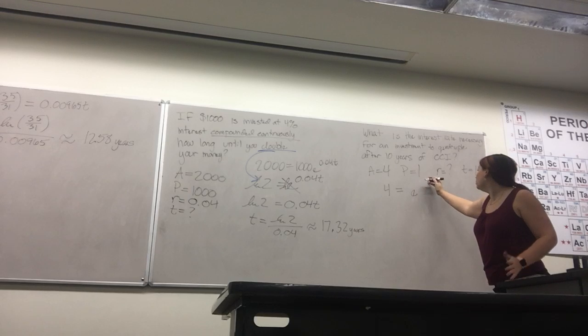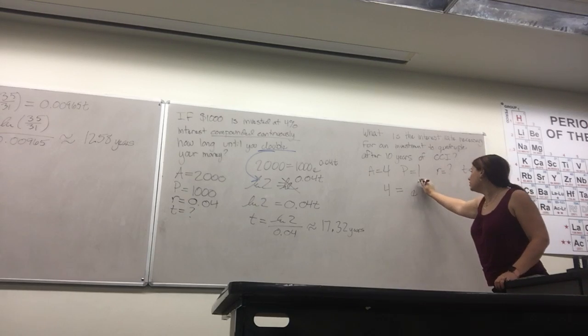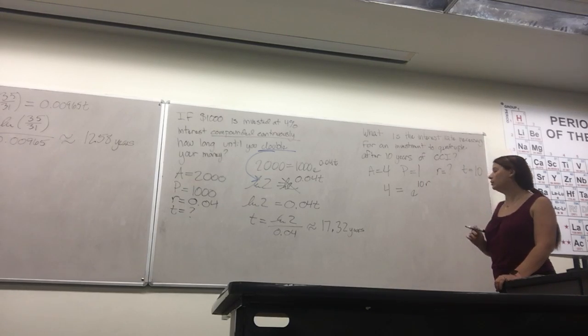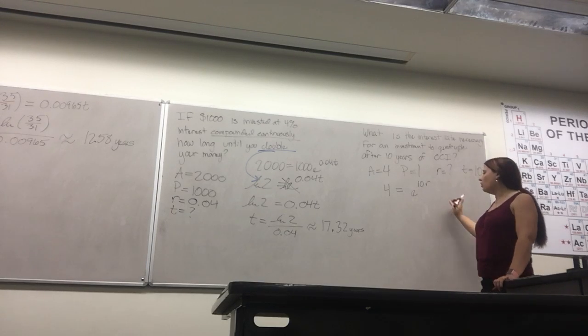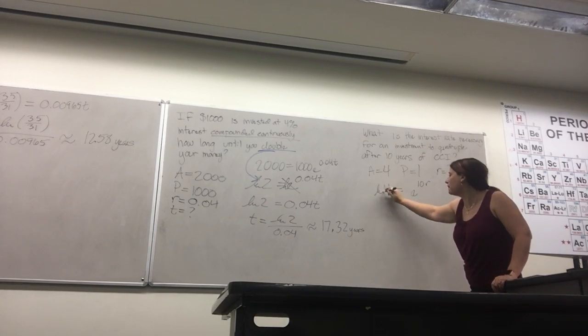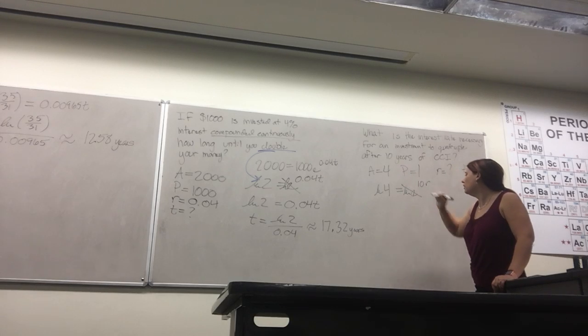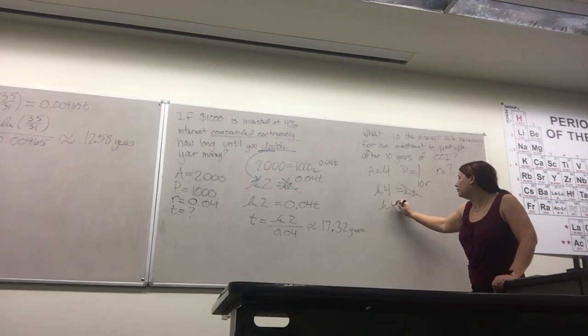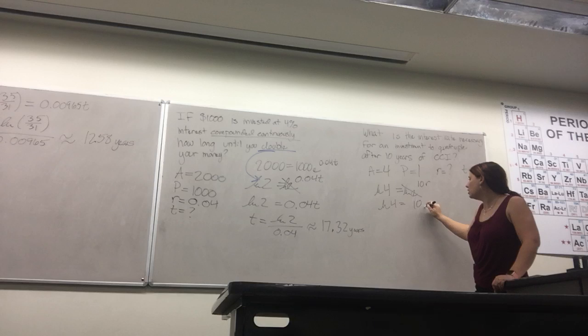E to the, we don't know R, but we do know T is 10, so 10R. We already have E on its own, so we can go right into taking the natural log of both sides. And then the natural log of 4 is equal to 10R.